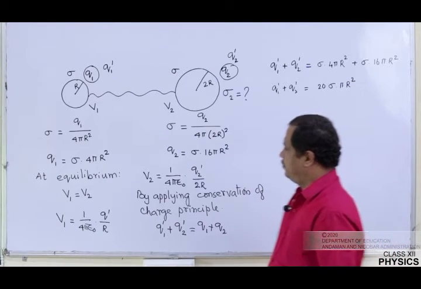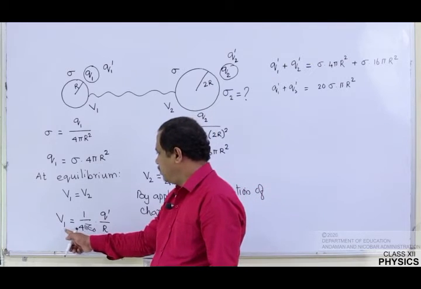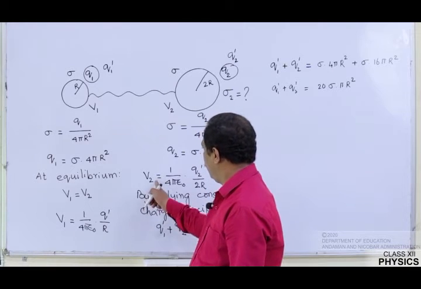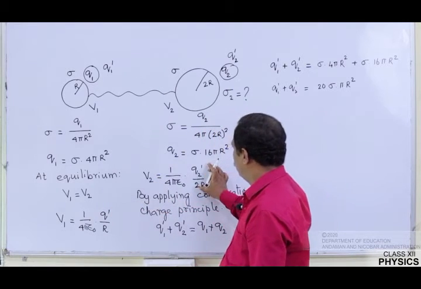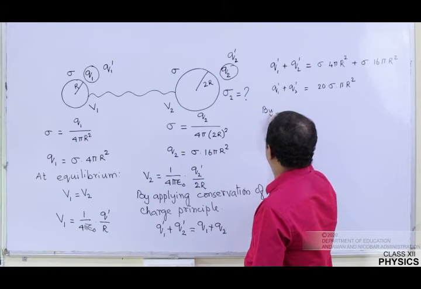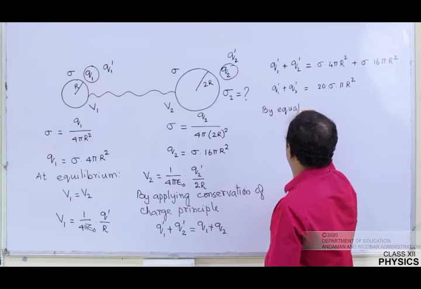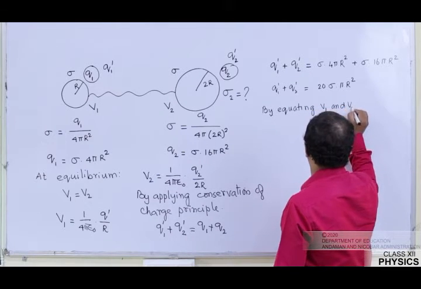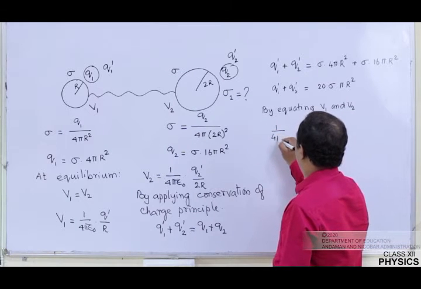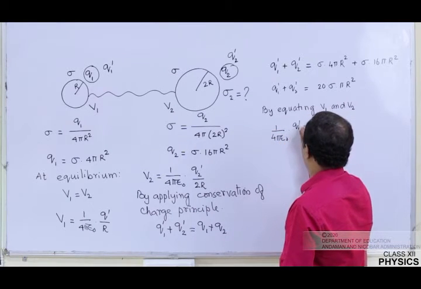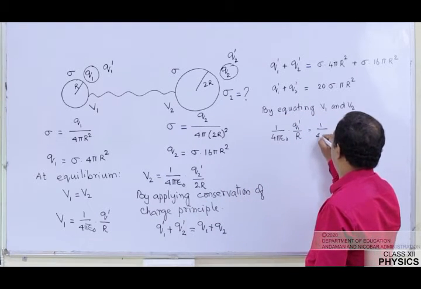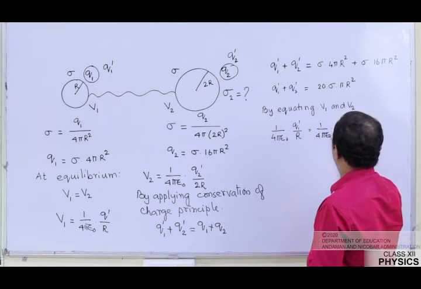Now from here, V1 is equal to 1 by 4 pi epsilon naught q1 dash by r, which is equal to V2. So I can equate the two. By equating V1 and V2, I have 1 by 4 pi epsilon naught into q1 dash by r is equal to 1 by 4 pi epsilon naught into q2 dash by 2 times r.